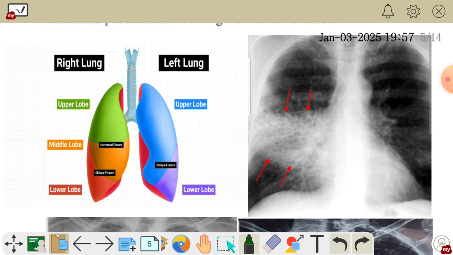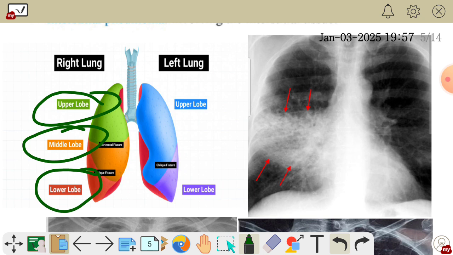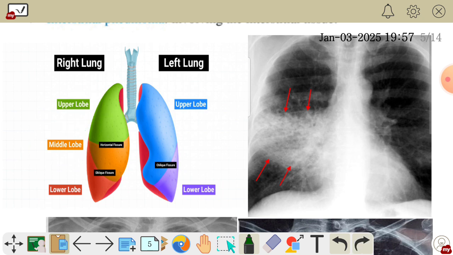For the right lung, we have three lobes: the upper lobe, middle lobe, and the lower lobe. The right lung is divided into three lobes by two fissures, the horizontal fissure and the oblique fissure. The left lung is divided into two lobes by an oblique fissure.